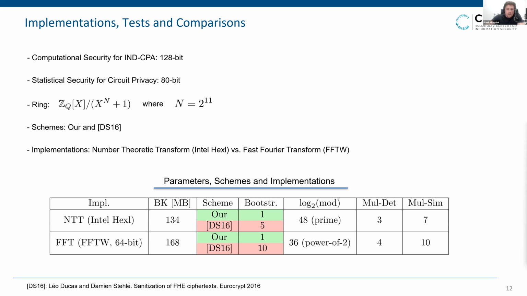But let's go quickly back here to the differences in implementations. So remind that we need a prime modulus for NTT implementation, but for FFT, we can actually choose whatever modulus we want. Given that it's smaller, for example, we can choose a power of 2 modulus. And this has some actually pretty interesting consequences.